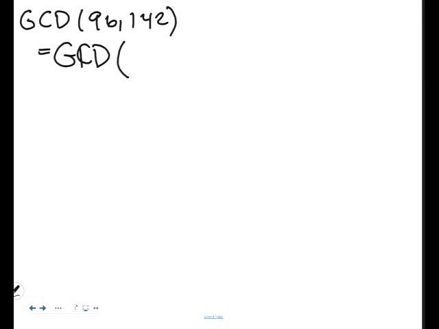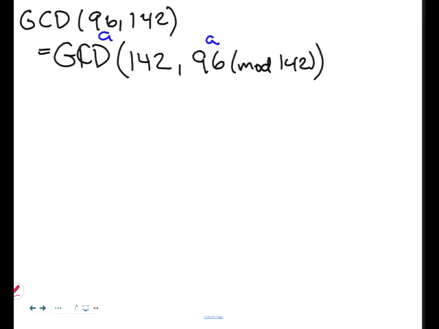So we pull our 142 down here, and we have 96 mod 142. So 96 is a, and 142 is b, so we get b and a mod b. There's our way of saying GCD of a and b is equal to the greatest common divisor of b and a mod b. Just flip those two numbers around.